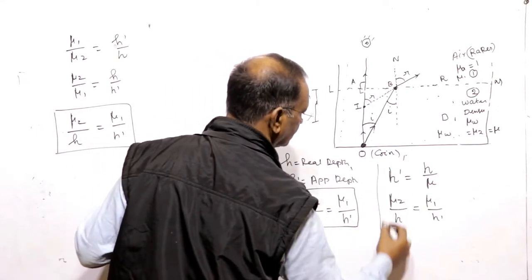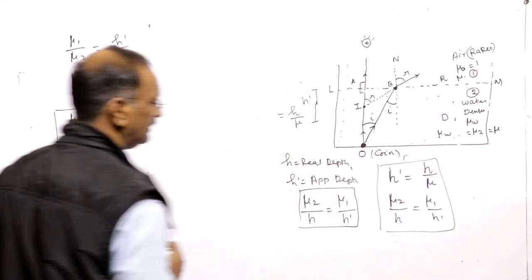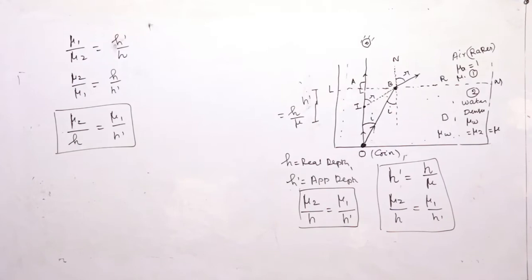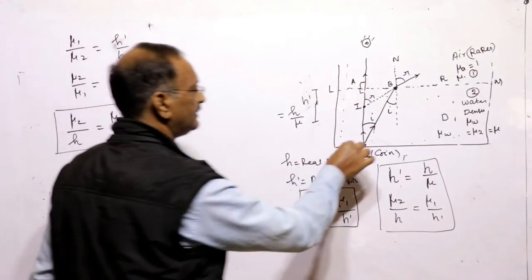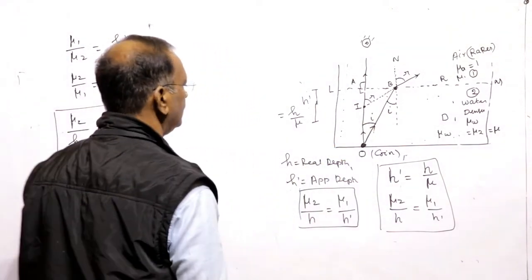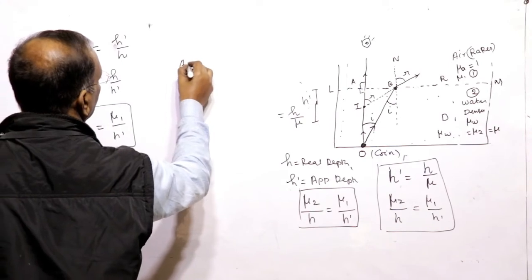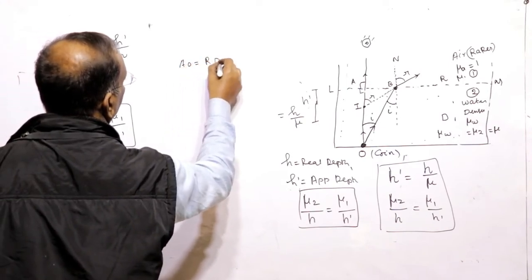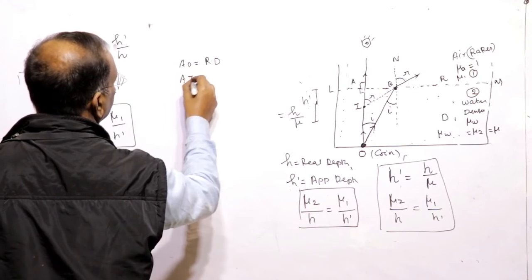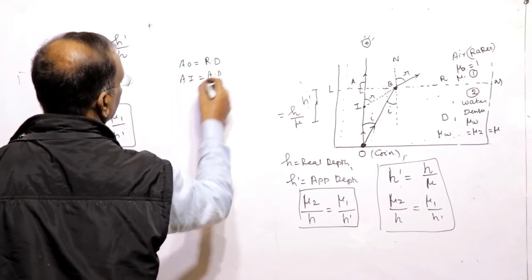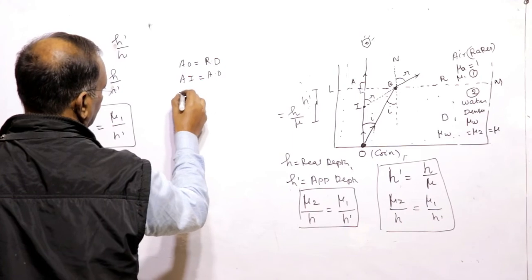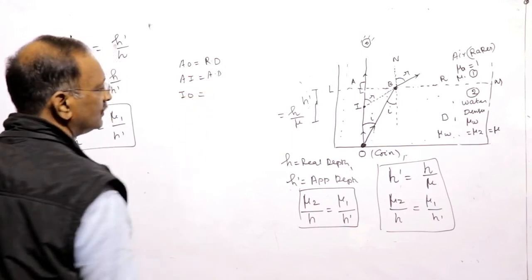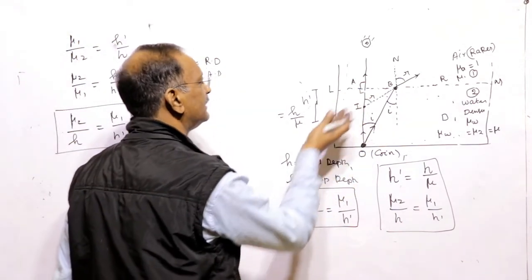Now normal shift. What is normal shift? The normal shift tells how much the object is raised. AO is equal to real depth, AI is equal to apparent depth, and IO is the height through which the object seems to be raised.